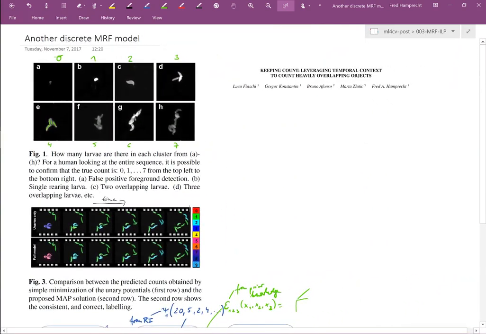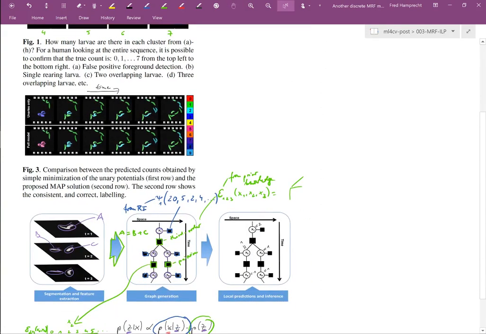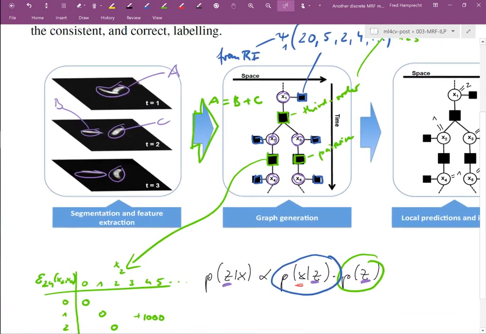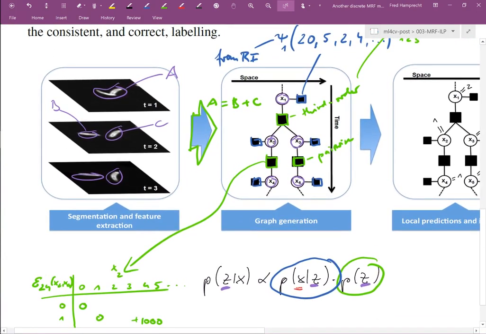Could you please explain below the factor graph, which is the likelihood, which is the prior? Yeah. So I've used the same color code. Blue here has been the likelihood, and green has been the prior.